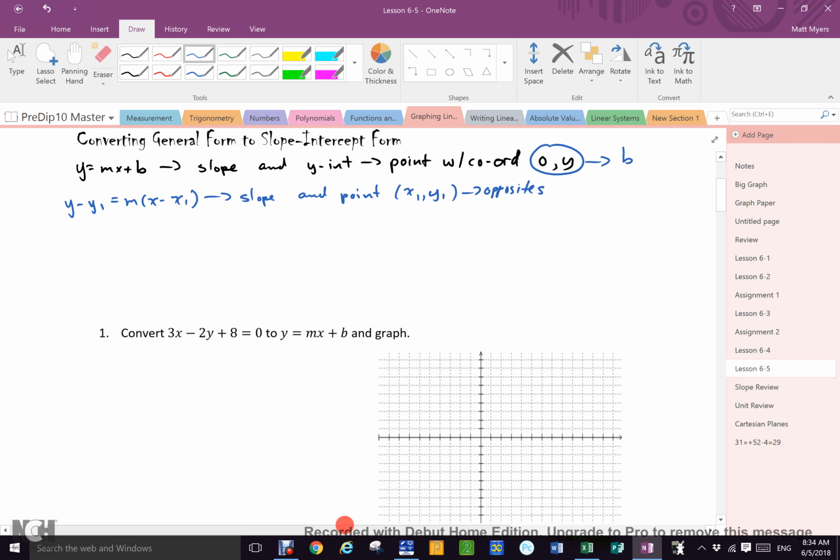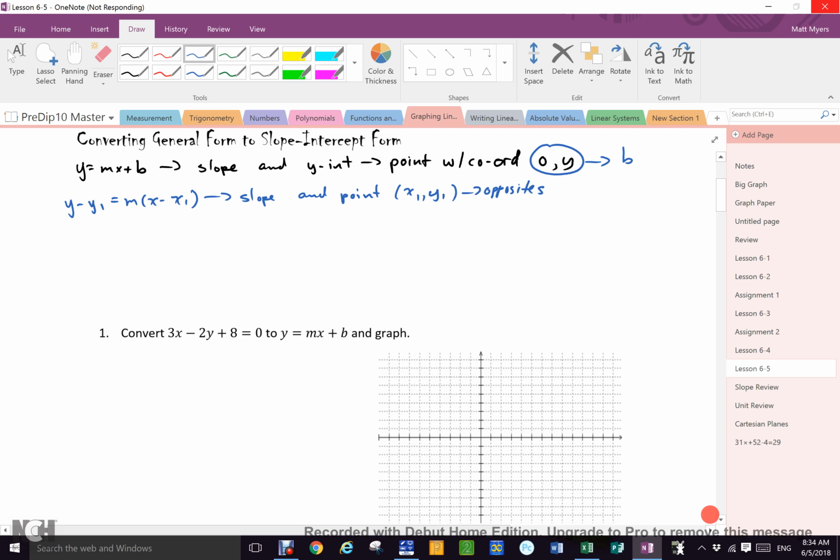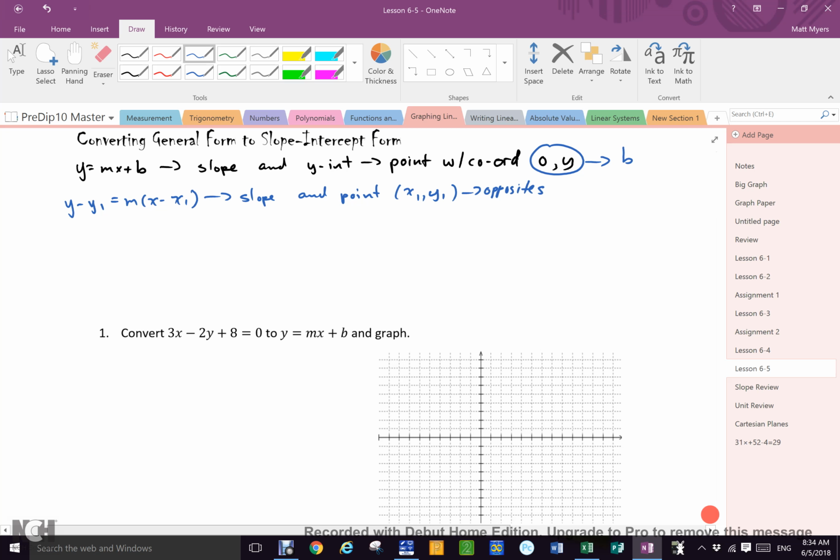Let me ask you this. Don't write this down. If I gave you this, what is the 7? It's the b, which means it's the y-intercept, yes?